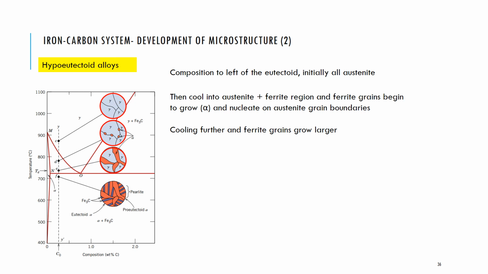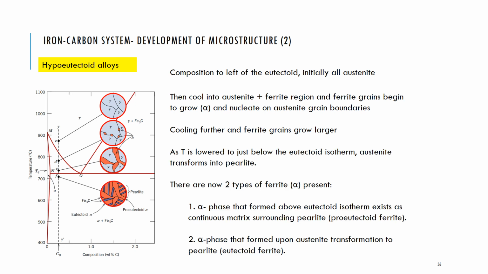If we cool further, the ferrite grains grow very large. And as the temperature is now lowered to beneath that eutectoid isotherm, the austenite then transforms into pearlite. So then there are now two different types of ferrite present. There's the alpha phase that formed above that eutectoid isotherm, and there's the alpha phase that formed upon passing down through that eutectoid isotherm.